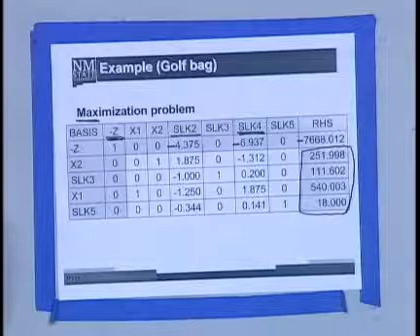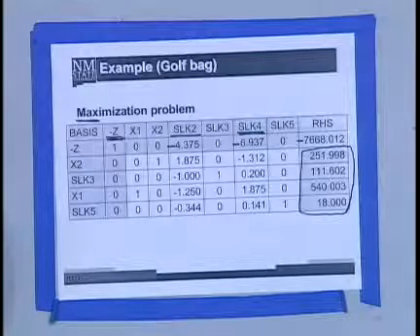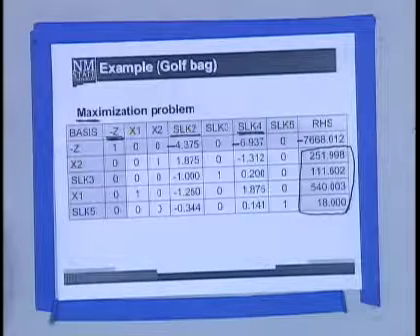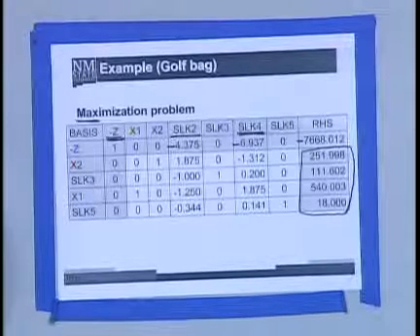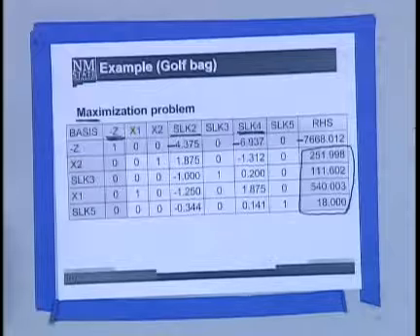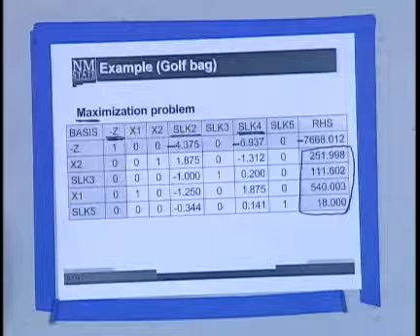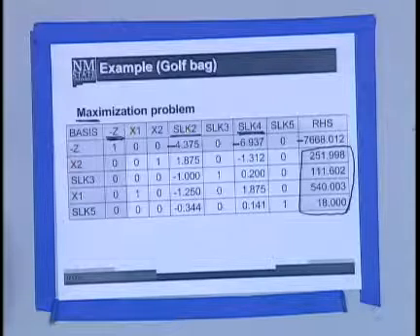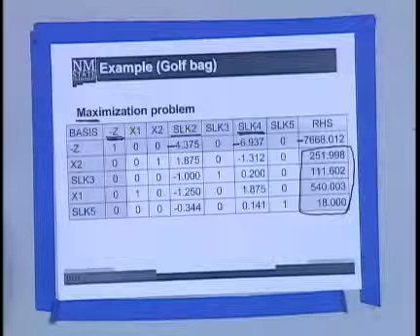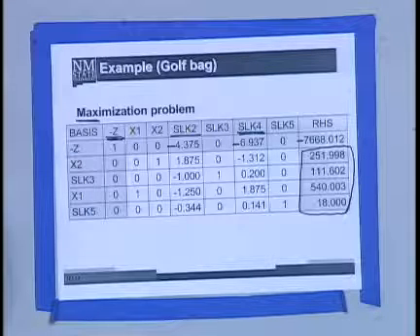Okay? So how do you know if it has an infinite number of optimal solutions? You remember? If the relative profit or the reduced cost of any non-basic variable is 0, then we may say that we have an alternate optimal solution.